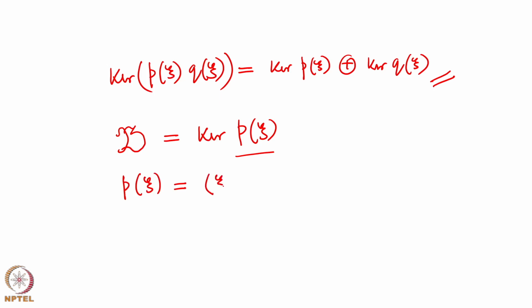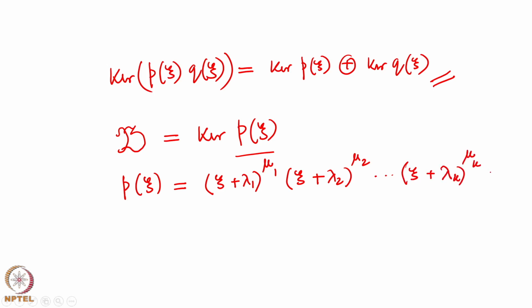You can write this as (ξ+λ1)^μ1 times (ξ+λ2)^μ2 times dot dot dot (ξ+λk)^μk. And we know that these factors are co-prime.